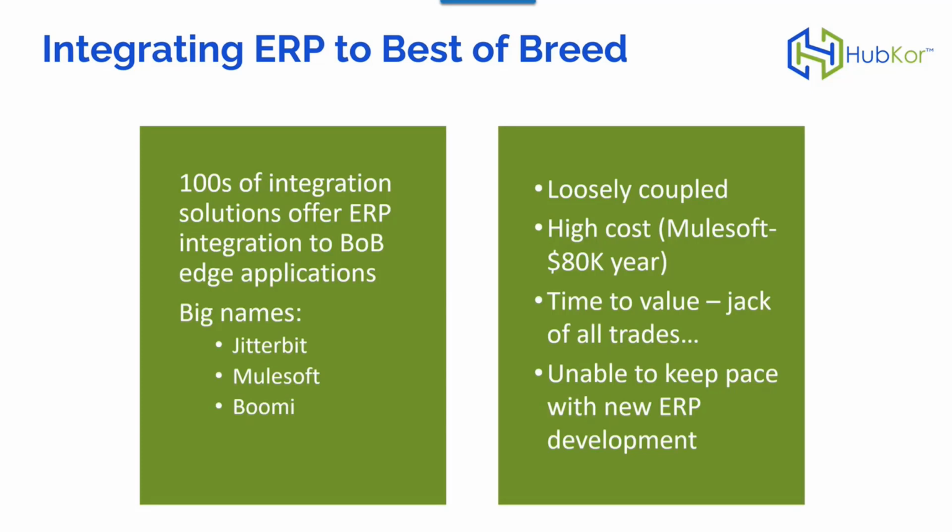There's a long time to value because they don't have that tightly coupled integration back to ERP. And obviously the ERP vendors are changing and growing and adding value, adding new modules, adding new functionality all the time. And again, people like Jitterbit, MuleSoft, and Boomi can't keep pace with each ERP vendor. So there are downsides, and it's a very expensive role to play by going with these giant Jitterbits, MuleSoft, and Boomis as well.